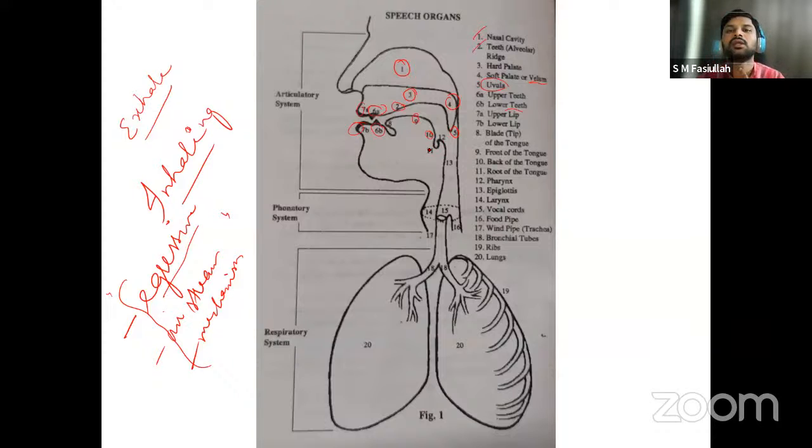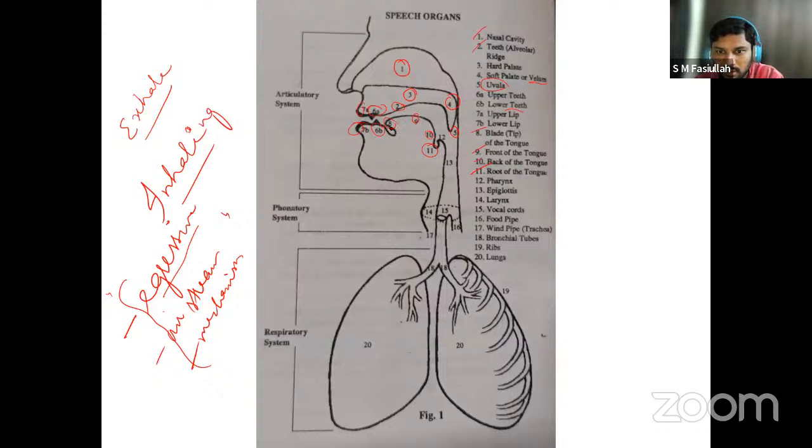And root would be even further down that area. So this is the root. Right? 11th one is the root of the tongue. So you have tip of the tongue, which is also called blade. You have front of the tongue, you have back of the tongue, and then also root of the tongue. So not just 3, but there are 4 different parts of the tongue which are involved in production of different sounds.